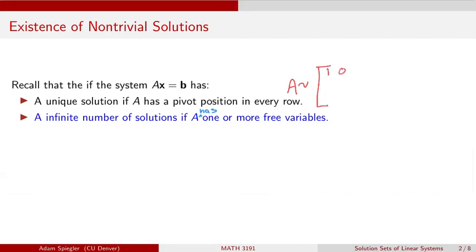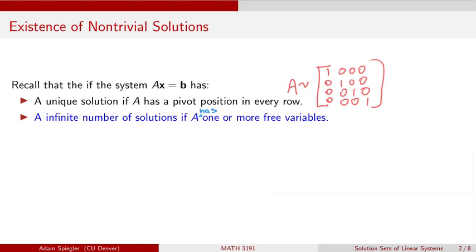For example, if I had a matrix A which happened to have 4 rows, then we would require that each of these rows has a pivot position. So if the matrix of coefficients, and now we're not looking at the augmented matrix, just the matrix A, has a pivot position in every row, then we have a unique solution.